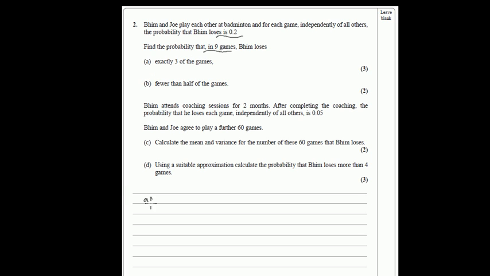Exactly 3 games. So how do we start? We always start by defining the random variable. X equals the number of games Bhim loses, that's the probability of success, and the distribution is going to be n is 9.